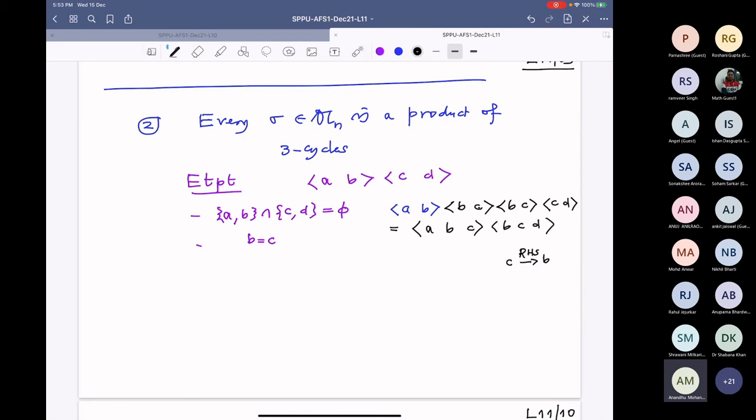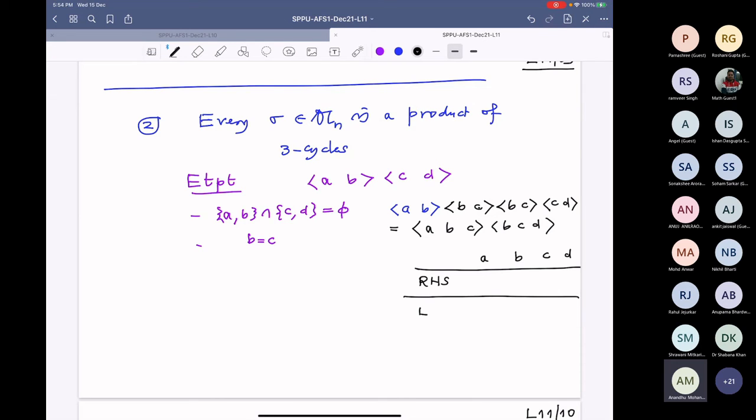Am I confused? I am confused. C goes to D here, so why did I write C goes to B? That is not correct. RHS, I will write where A goes, where B goes, where C goes, and where D goes below. A little slow, but once at least we have to do this.